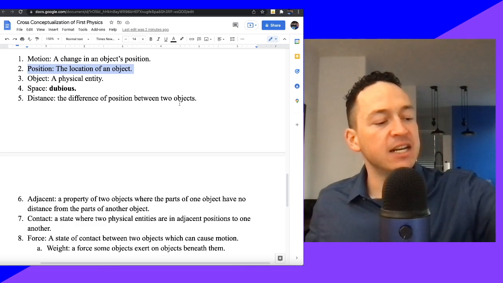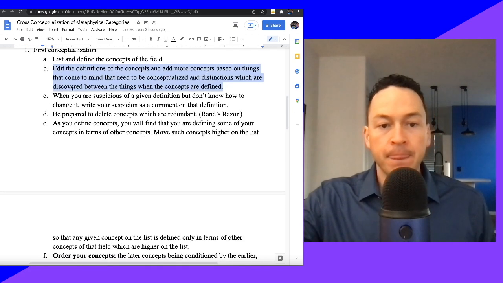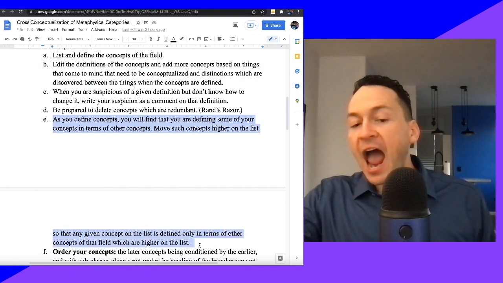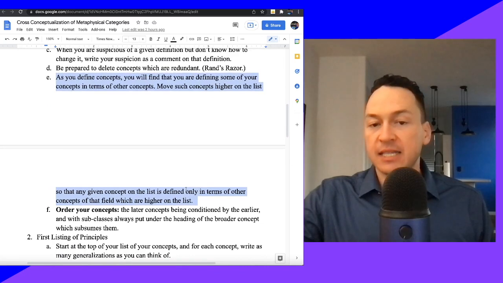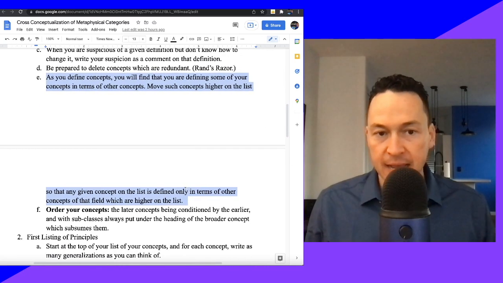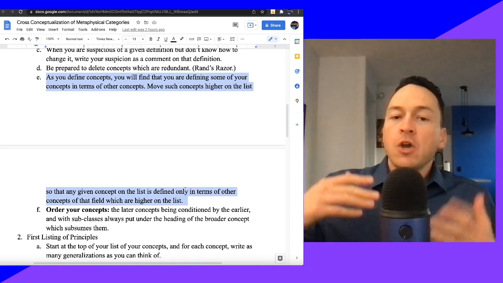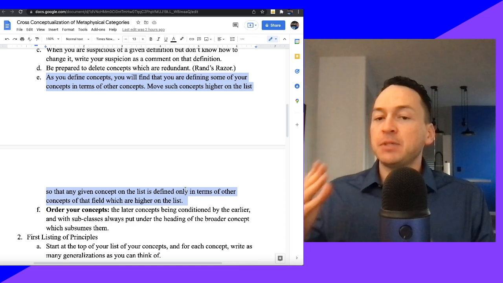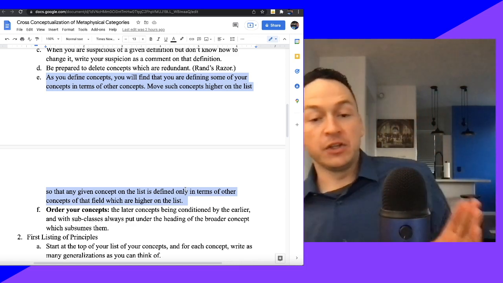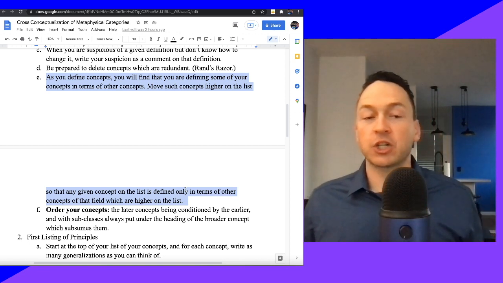I'm going to bring in another rule of cross-conceptualization that I told you about. As you define your concepts, you will find that you are defining some of your concepts in terms of other concepts. Move such concepts higher on the list so that any given concept on the list is defined only in terms of other concepts of that field which are higher on the list.